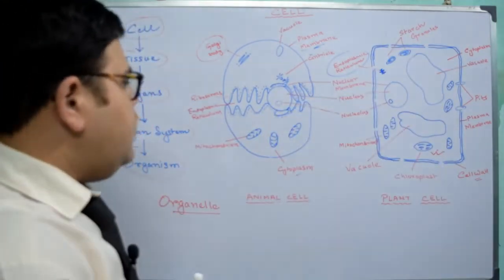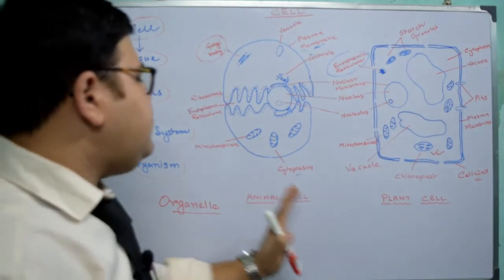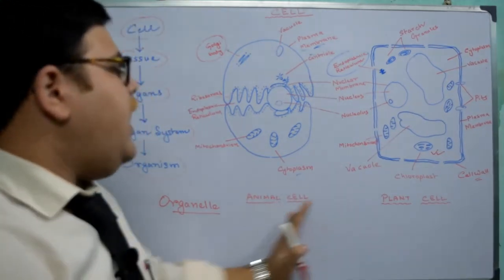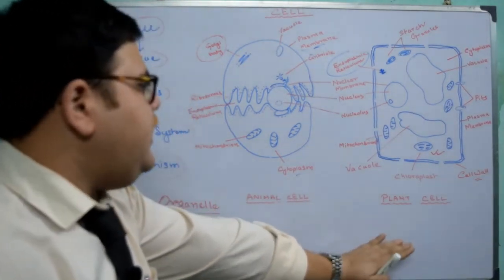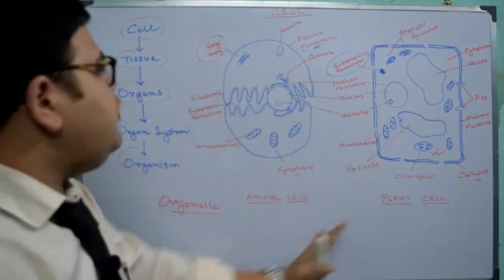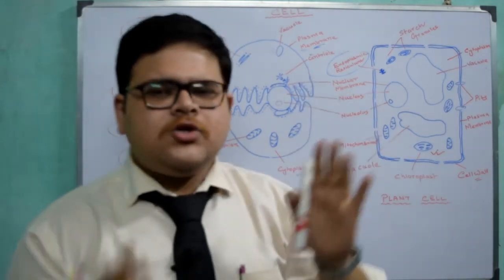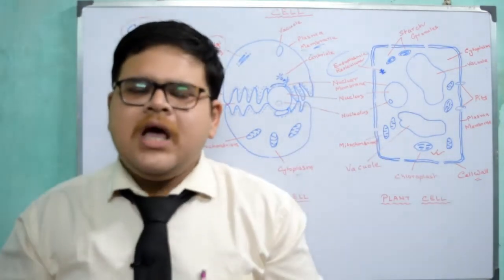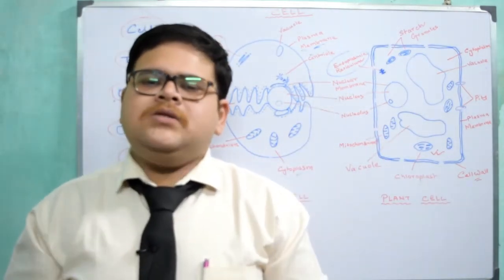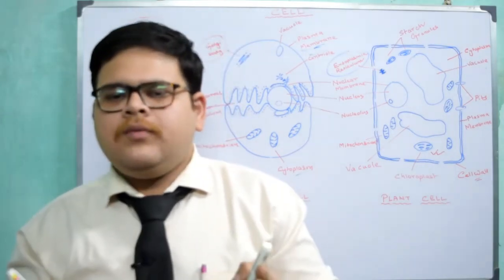If we look into this, we will see a clear difference between animal cell and plant cell. I hope you have understood this chapter on cell, what a cell is, how it is made up, and what is meant by the structural and functional unit of the body.